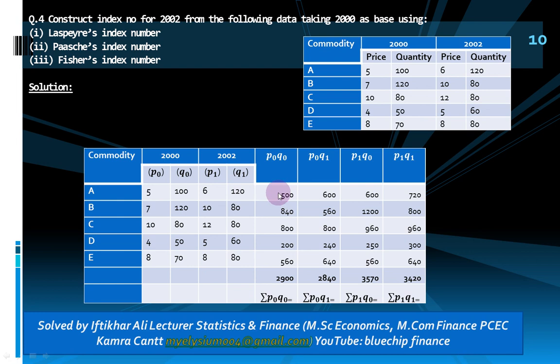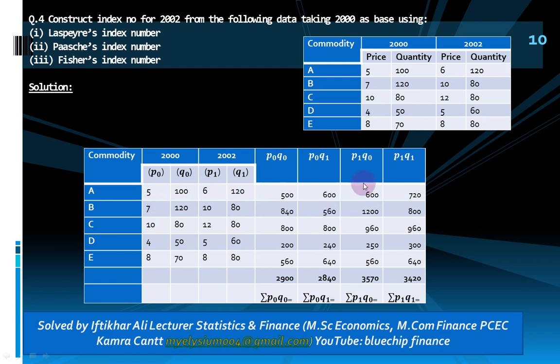The calculation is very simple. Just multiply P naught with Q naught. 100 multiplied by 5 equals 500, 120 multiplied by 7 is 840, and so on. For P naught Q1, P naught multiplied by Q1, so 120 multiplied by 5 is 600, 80 multiplied by 7 is 560, and so on.